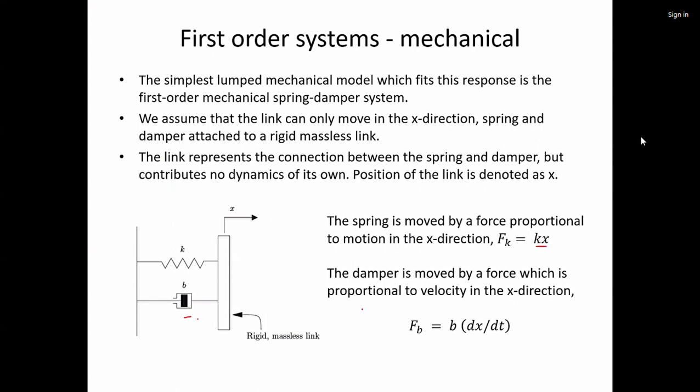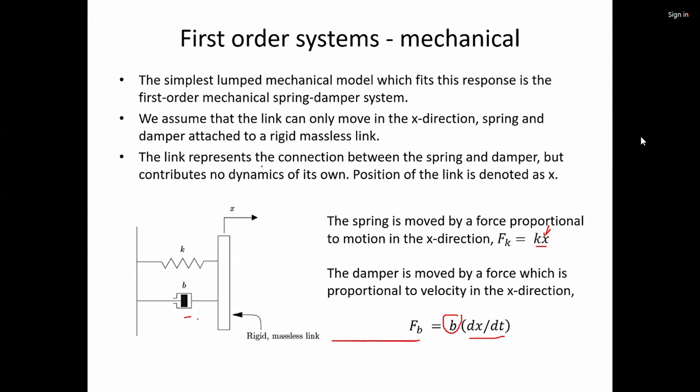Similarly, the spring force is proportional to displacement, that is x, whereas the damping force is proportional to the velocity. Okay. So the damping force Fb is basically the damping coefficient B times the velocity, which in terms of displacement is dx over dt, right?